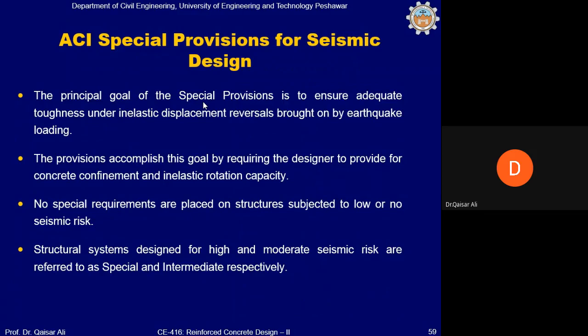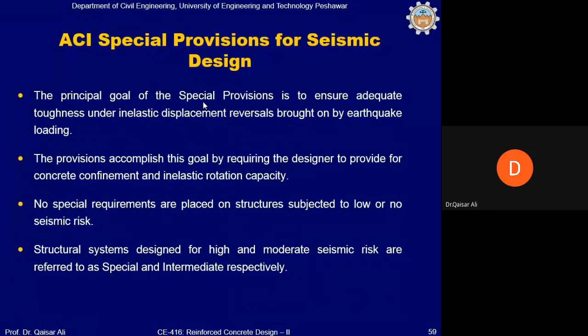Then the ACI code requires that there are some provisions which must be fulfilled over and above the design. These provisions are meant for the safety of the structure, and are called seismic provisions.